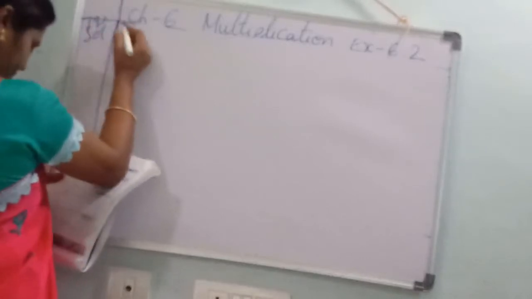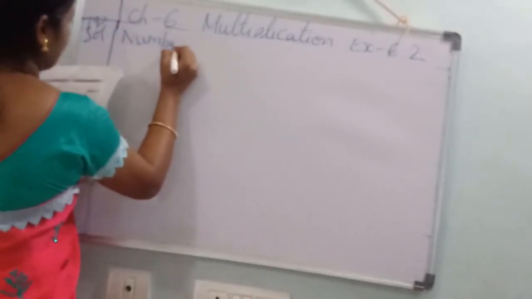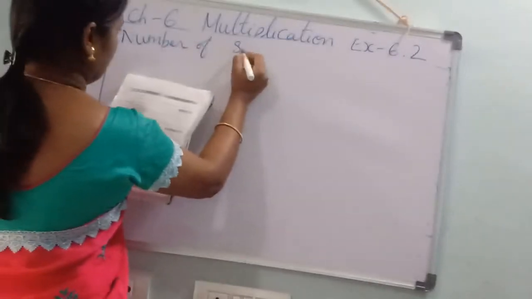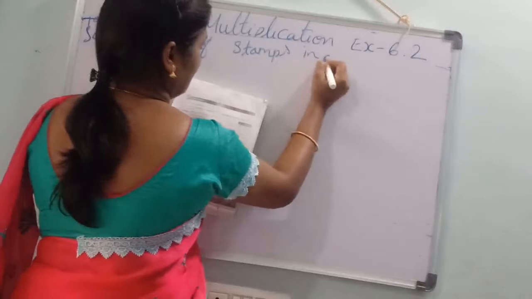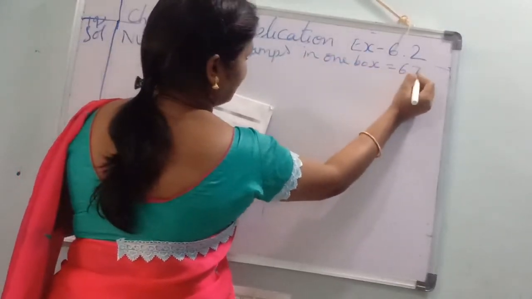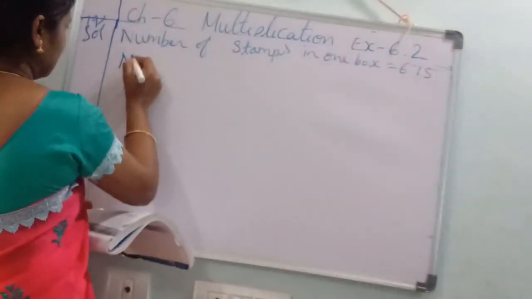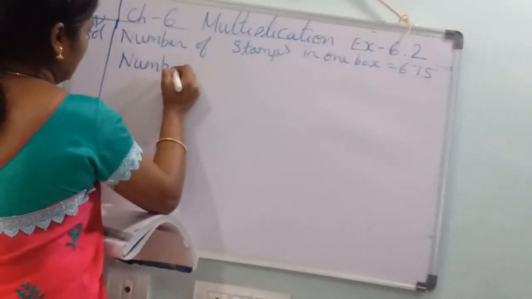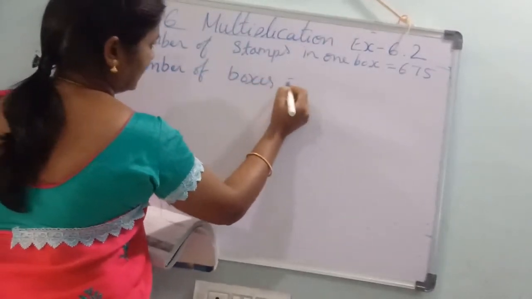See? Solution, 19th one. Number of stamps in one box. How many? 675. How many such boxes are there? Number of boxes, 13.